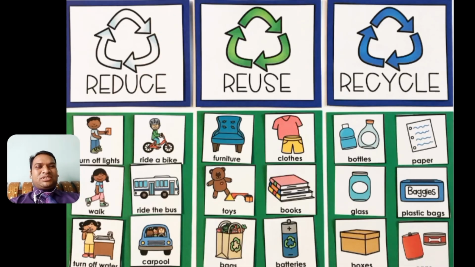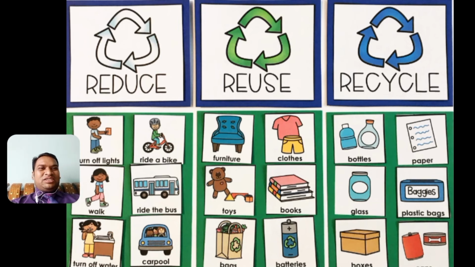In this picture you see the 3R process: reduce, reuse and recycle. Reduce means we need to be very conscious when we use our natural resources, like electricity. When you leave the room, you make sure that your light is off or your fan is off. This way we can reduce our use of natural resources.